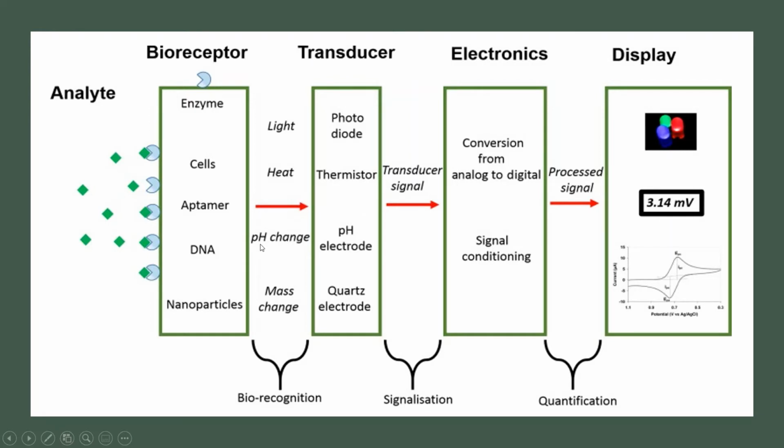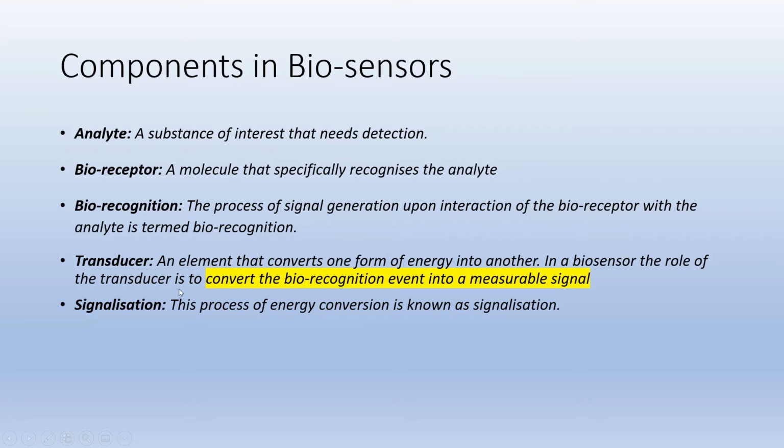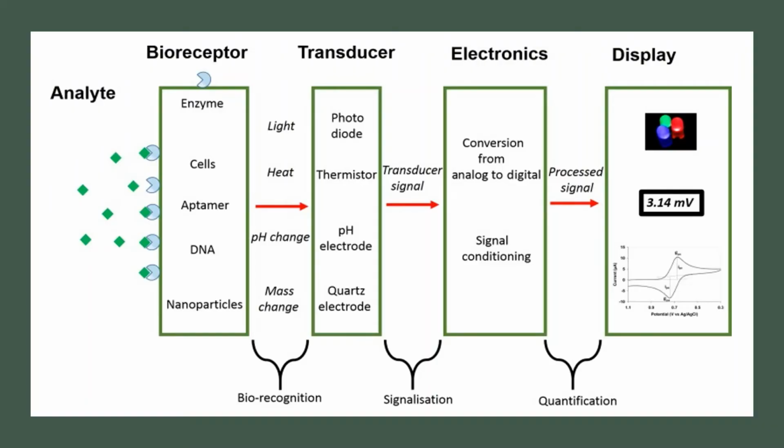When it is a pH change, it could be a pH electrode. That is, the outputs that are from the bioreceptor could be measured with the devices in the transducer. So we can understand that transducers are used to convert the biorecognition event into a measurable signal. I think you are clear.